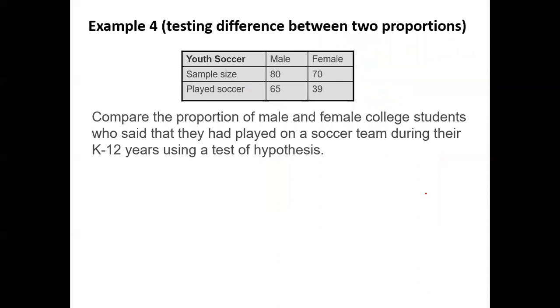So now let's see the final example. Compare the proportion of male and female college students who said that they had played on a soccer team during their K-12 years using a test of hypothesis. What are the main key points in this question? First, it is about comparing the proportion.